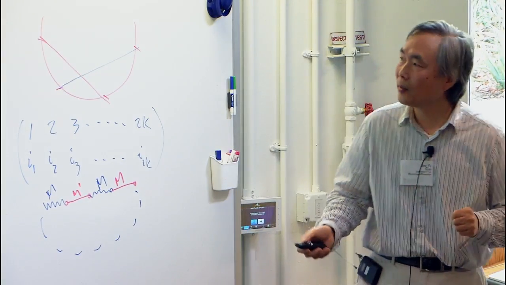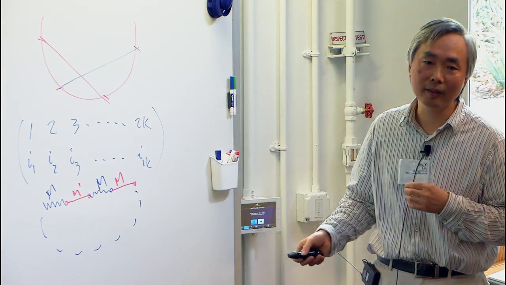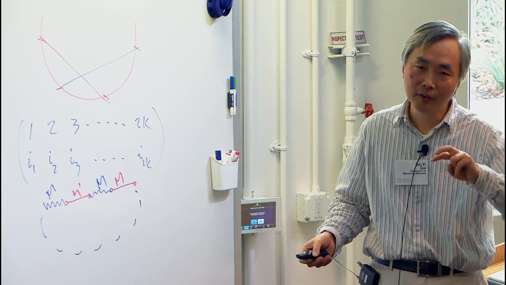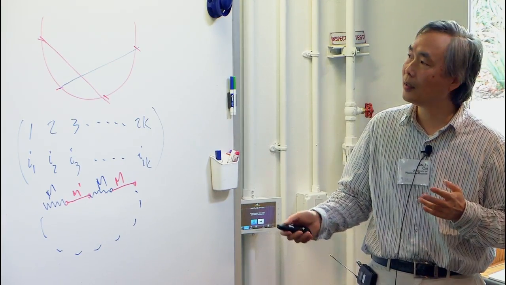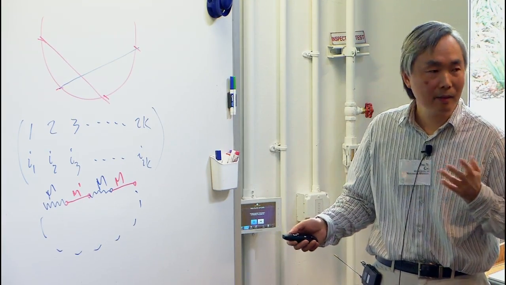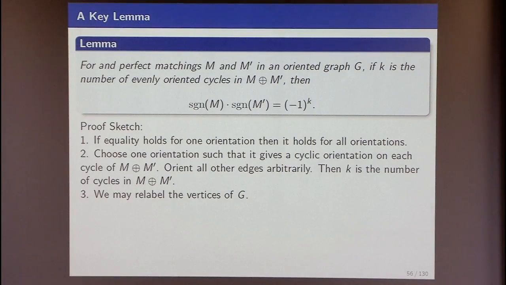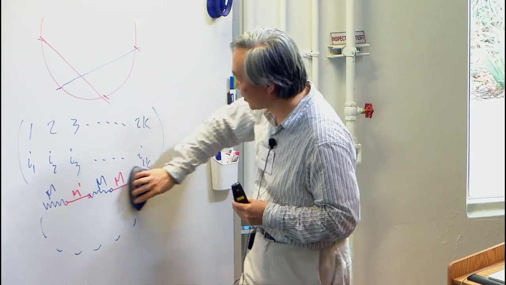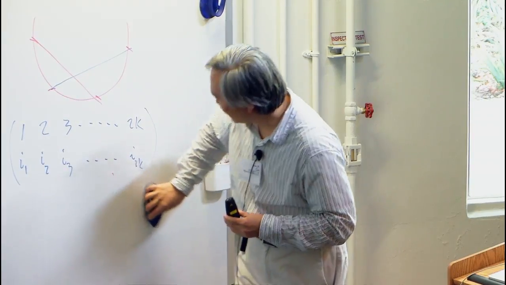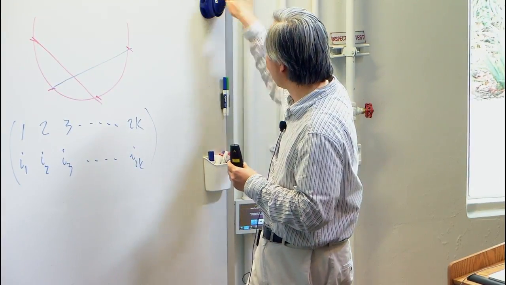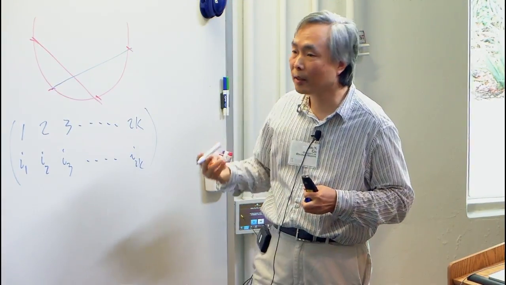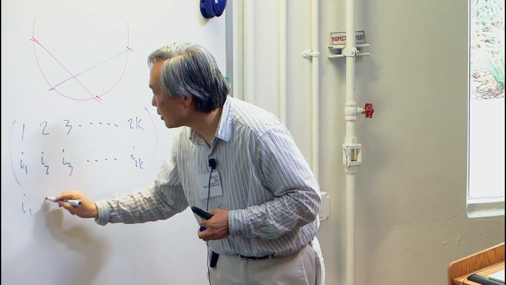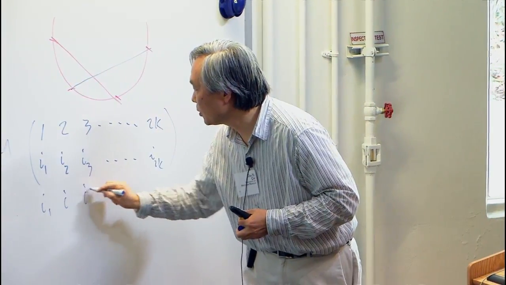So you're going to relabel vertices, and if you think about it carefully, you change both signs, basically. Imagine you have a permutation like this and you do another relabeling. Then you choose M so that this is M, and then you do this.